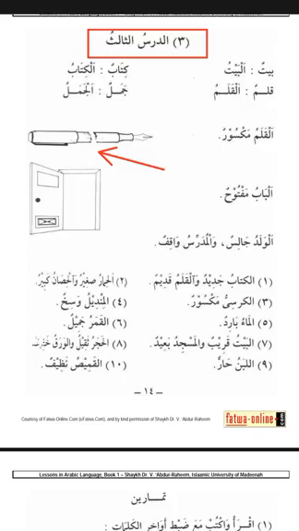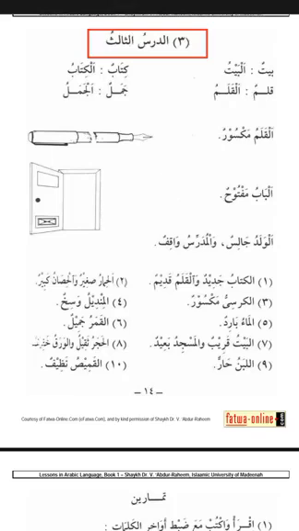So al-qalamu here is the subject, while maqsurun is the predicate. The Arabic word for subject is mubtada, while the Arabic word for predicate is khabar. I will explain better when we get to the next page, inshallah.